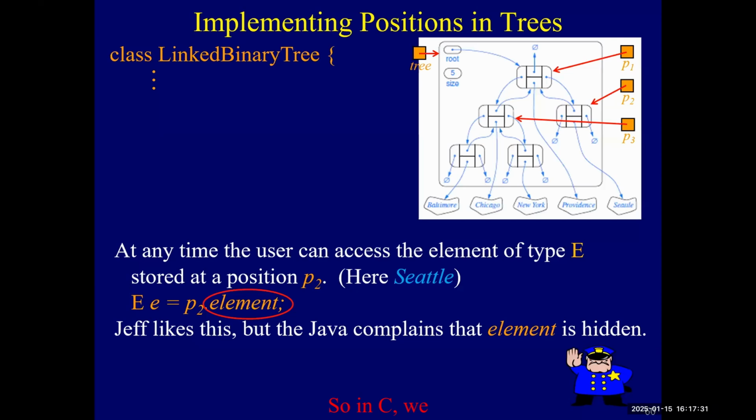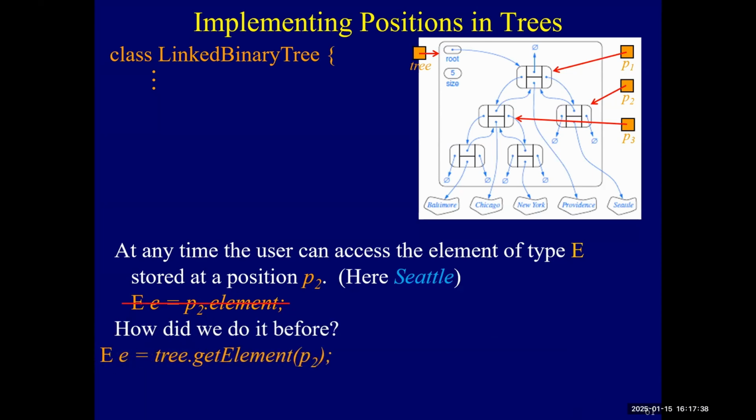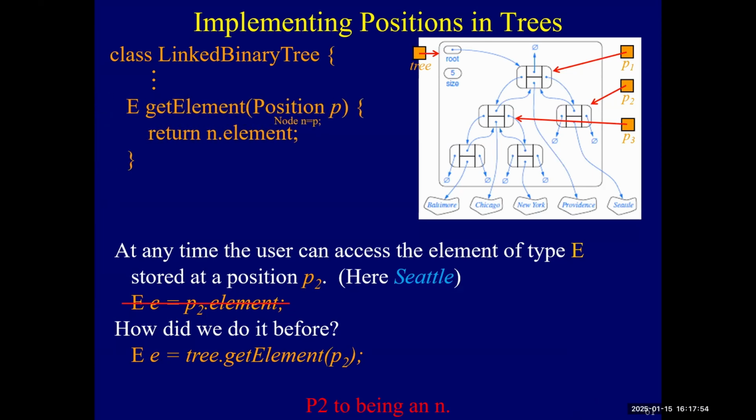So in C we would just do this kind of stuff, but we're not allowed to. So we have to say tree dot get element, and then it says I'm going to give you a position P2. What are we going to do? We're going to cast P2 to being an N, and then we're going to return N dot element, which is of type E, whatever E happens to be. Right? Is everybody kind of following this?